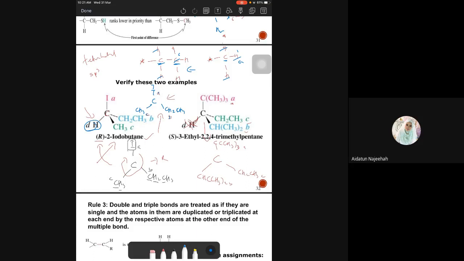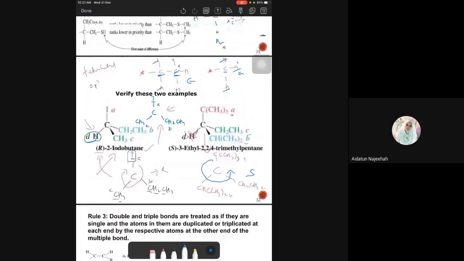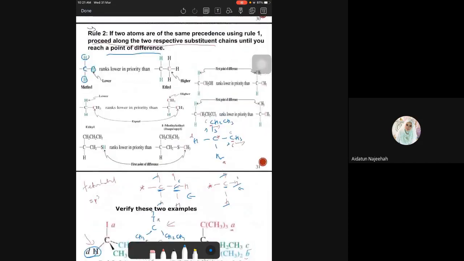So the rotation must go from A, B, C. So you have A, B, and C. So this is anti-clockwise. So when you have anti-clockwise, the configuration would be S. So this is until rule number 2.